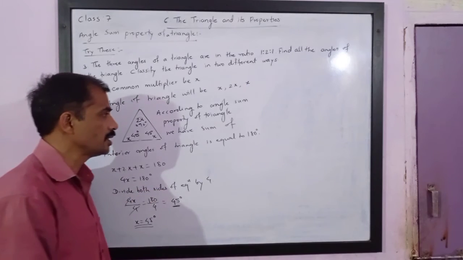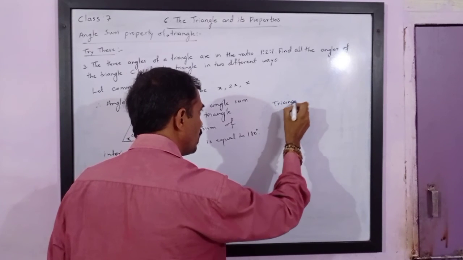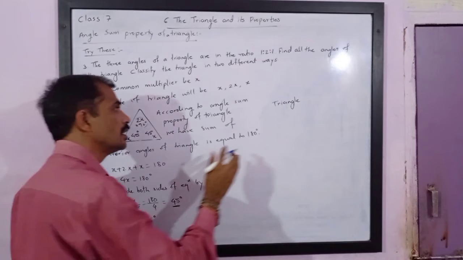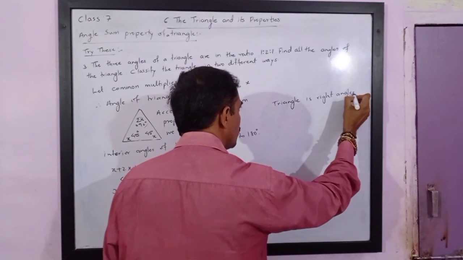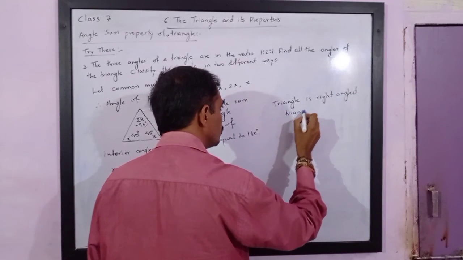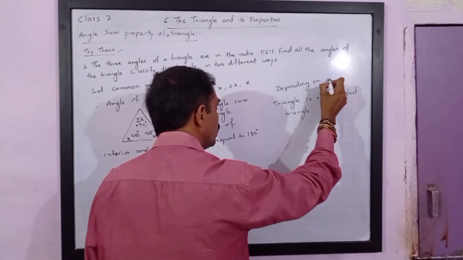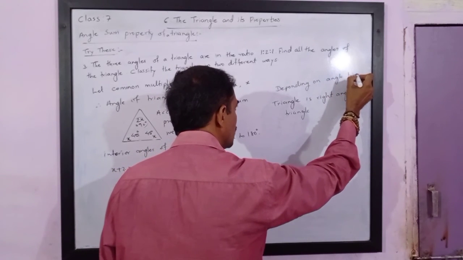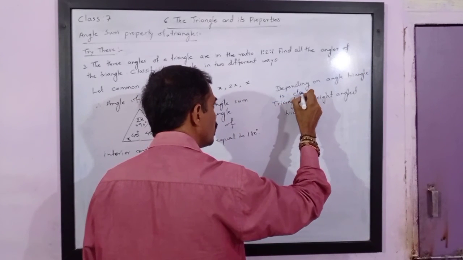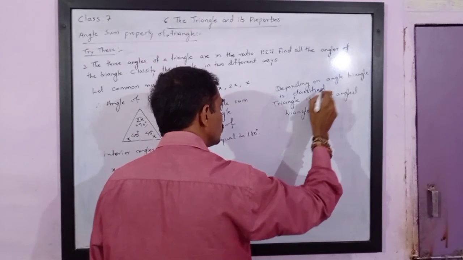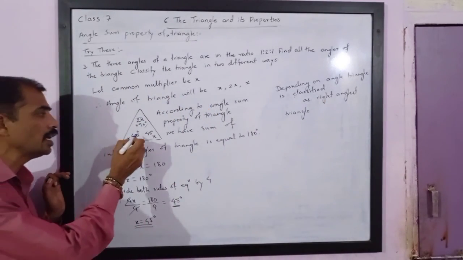It means depending upon the angle, we will classify the triangle as a right angled triangle.